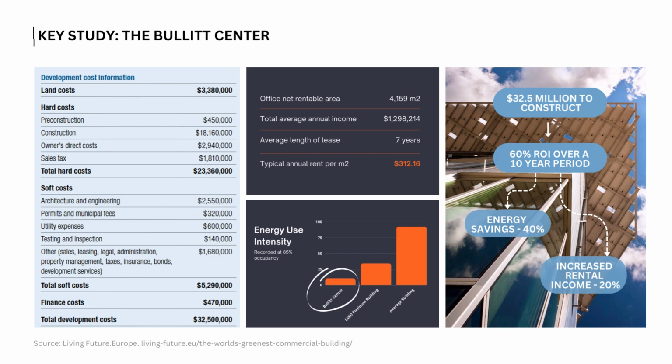The building cost 32.5 million to construct, which was 30% more than a traditional office building of similar size. However, over a 10-year period, the Bullitt Center is projected to provide a 60% return on investment, with energy saving accounting for 40% of the return and increased rental income accounting for 20% of the return.